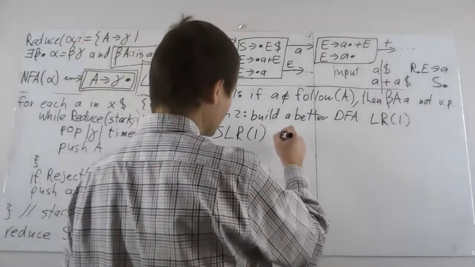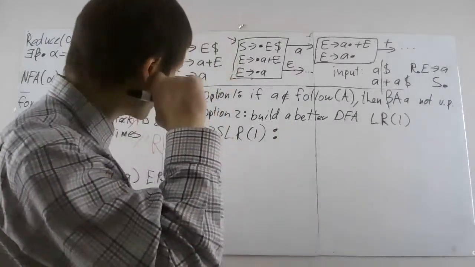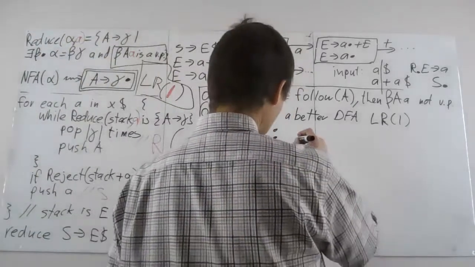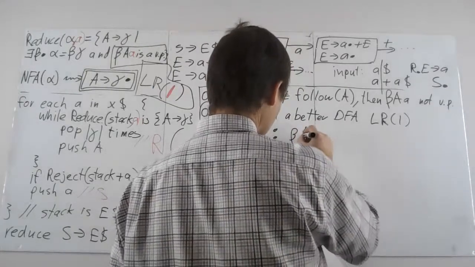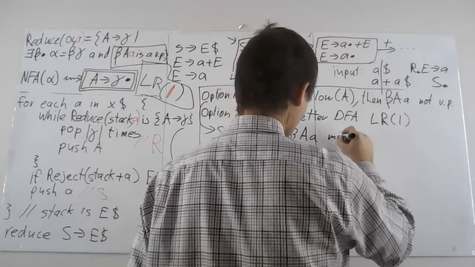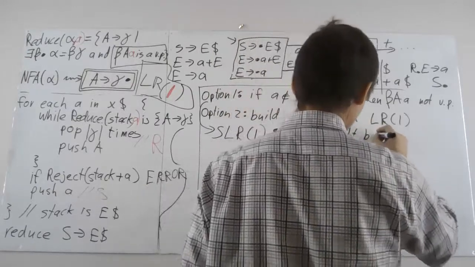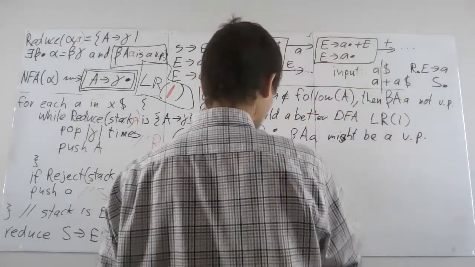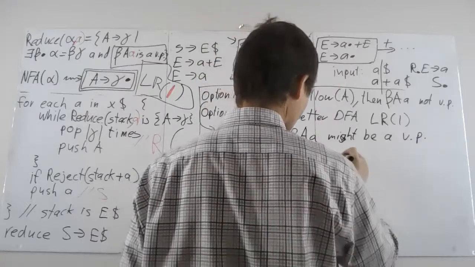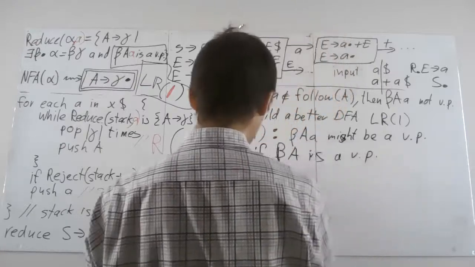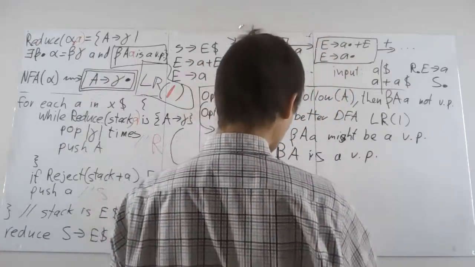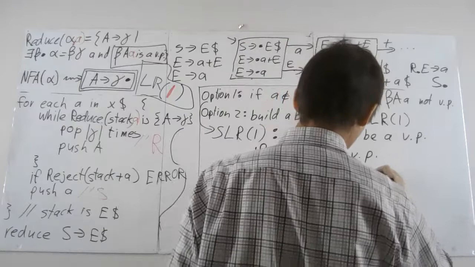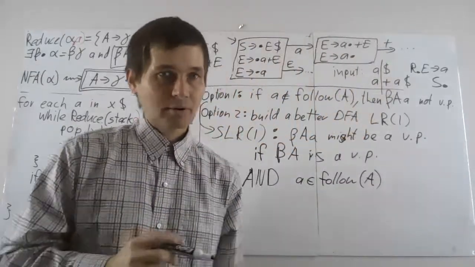The idea is that beta A a might be a viable prefix if beta A is a viable prefix and little a is in the follow set of big A.